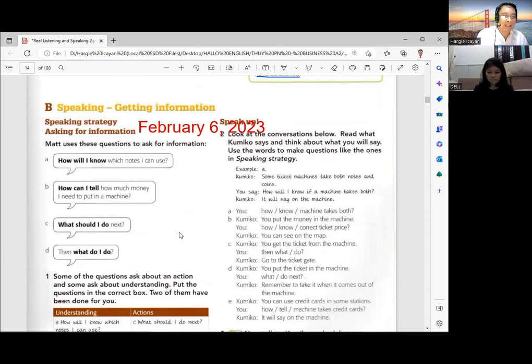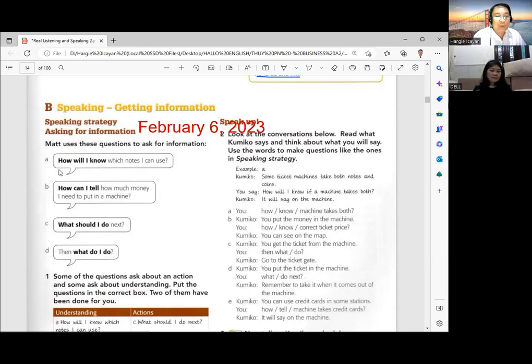Okay, so look at this one, Toy. Matt uses these questions to ask for information. Letter A. Can you read this one, Toy, please? How will I know which notes I can use? Yes. So the first question that he asks to ask for the information would be, how will I know?